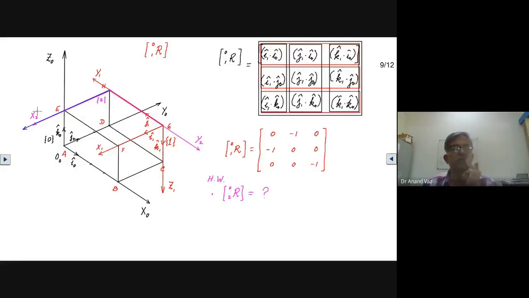Let us take this as one of the axes, and we take the other axis as passing through this vertex. We are indicating only two axes. The third one is going to be mutually perpendicular to these two axes.